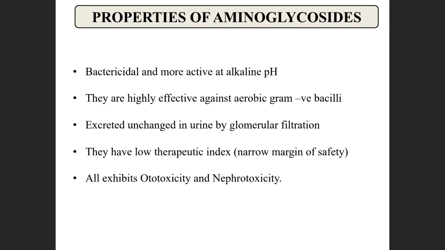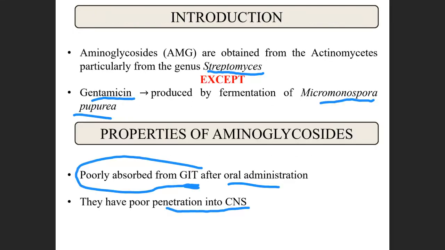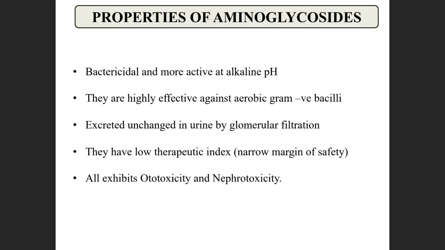They show a bactericidal effect and are more active in alkaline pH. As we said in the previous slides, there is poor absorption in the GIT, where the pH will be higher, so it shows the bactericidal effect in alkaline media.